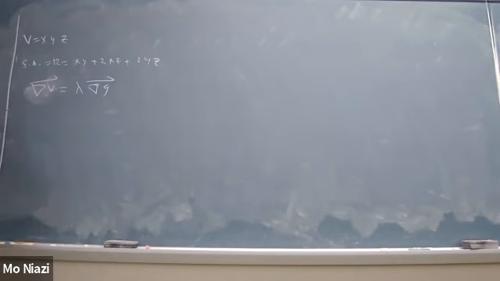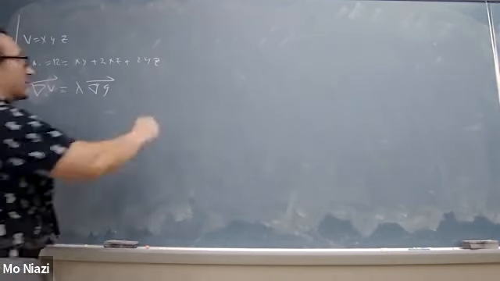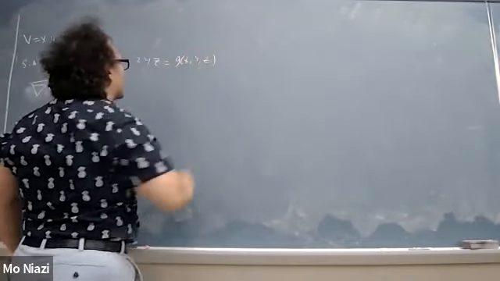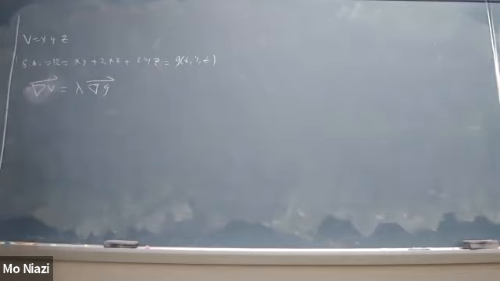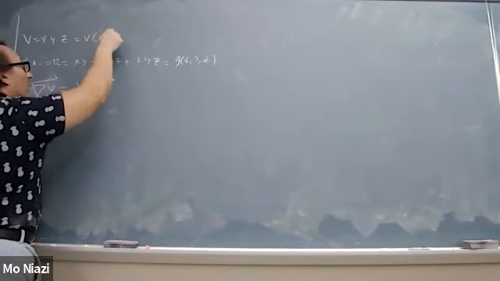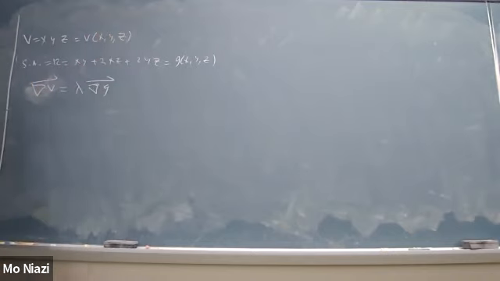Lambda times the gradient of our constraint g. Notice that this is really our g. This is our constraint equation, the surface area equation, and this is our volume equation, an expression in terms of x, y, and z, respectively.